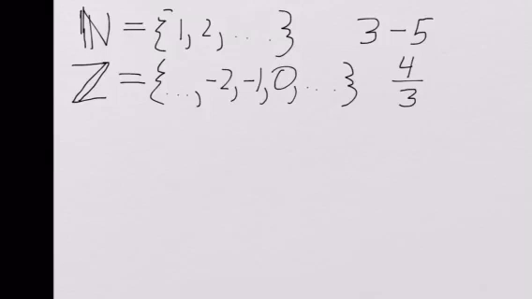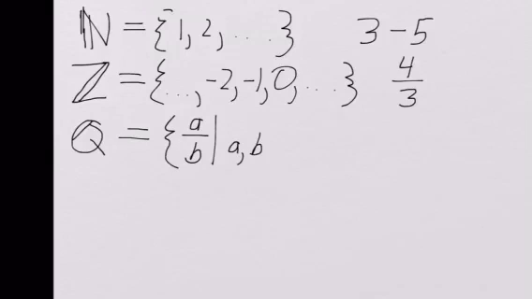So, as mathematicians, again, we decided to create a set of numbers that we could solve this. So we create the rational numbers, abbreviated Q. So that would formally be A over B such that A and B are integers.